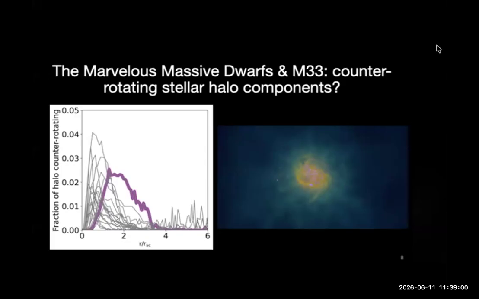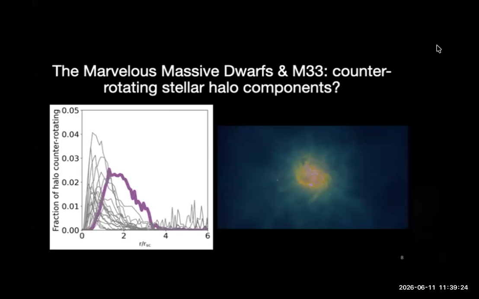If M33 has a recent merger that creates this counter-rotating component, do we expect to see any other relic of it, like if we look at maybe neutral hydrogen? Potentially.